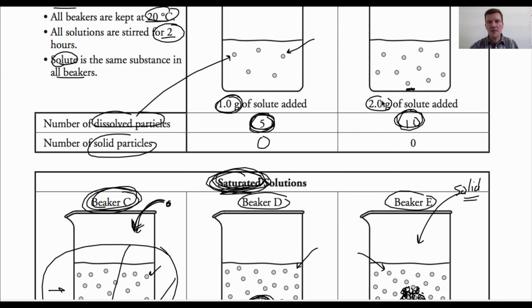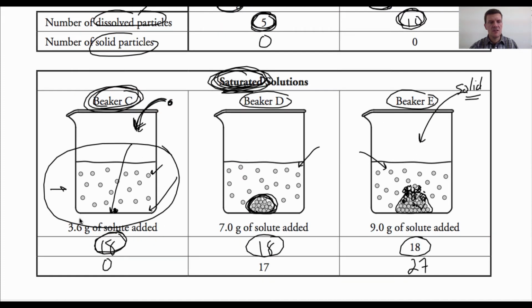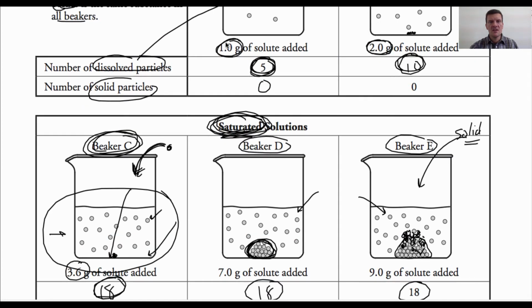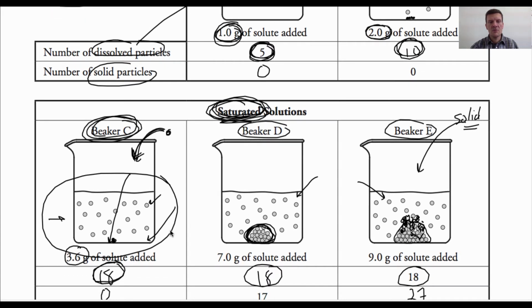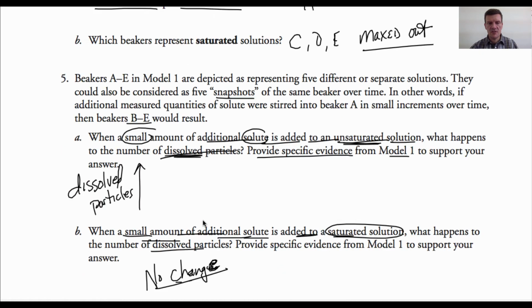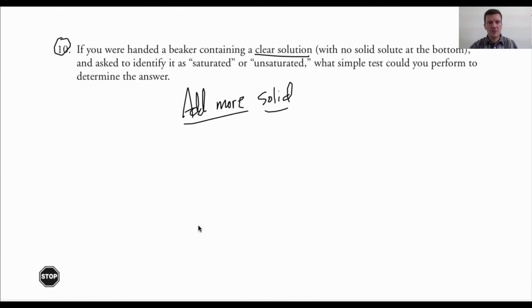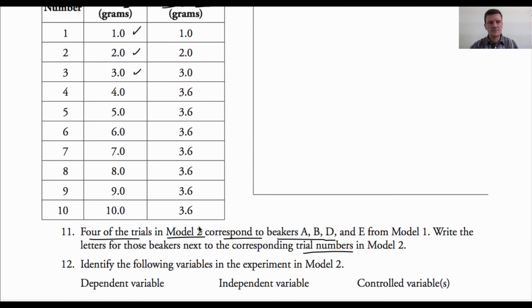After you put in a gram, 2 grams, 3.6 grams. Okay, so here is your mass of solute that is added. 1, 2, 3.6, 7, and 9. Those are the amounts for your model up there. Let's see if we can find them down here. 1, 2, we didn't add exactly 3.6, then I think it was 7 and 9. Okay? There's your A, B, D, and E.